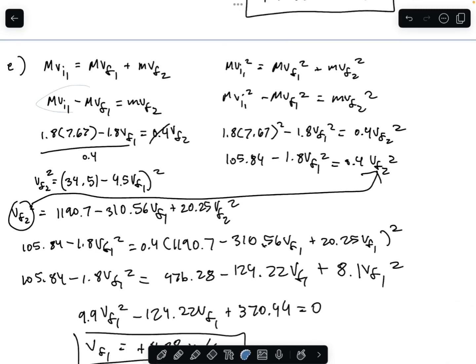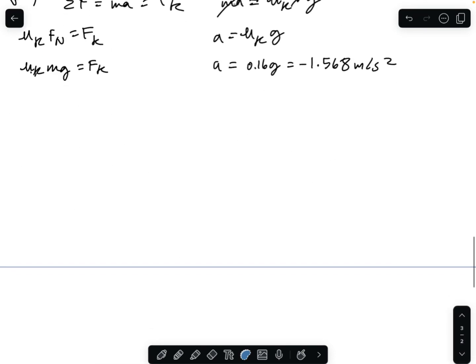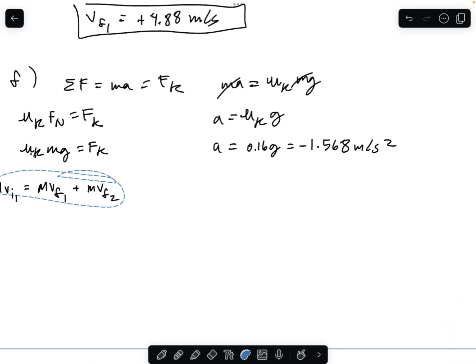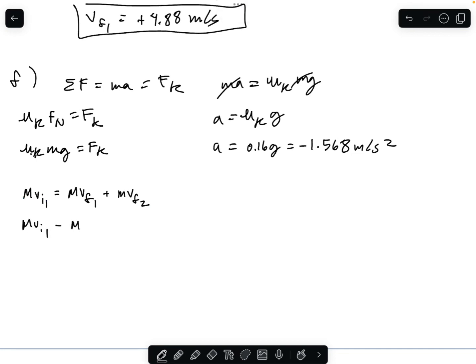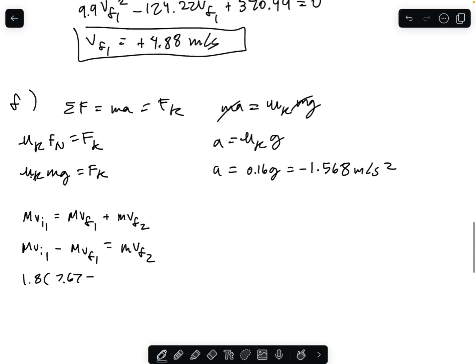So I'm going to copy and paste this general formula and then put it back here. And then I'm going to do mvi1 subtract mvf1 equals mvf2. And then I know it's 1.8 times 7.67, subtract, use the answer of vf1 I got from the last one, 4.88, equals 0.4 vf2. And vf2, the block, is going to be 12.55.